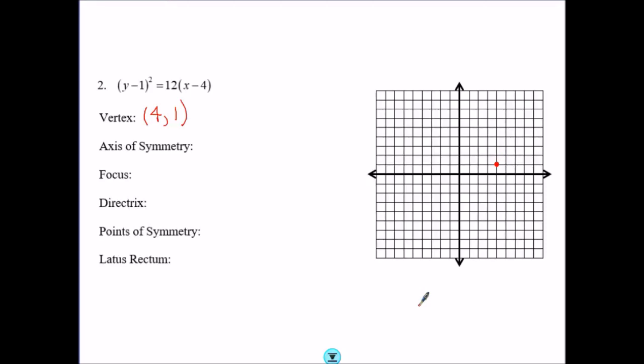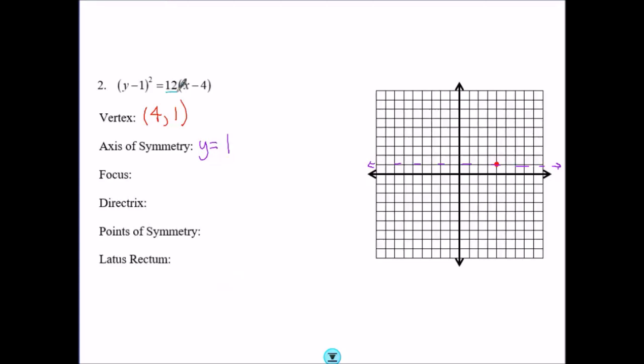This time, since our parabola is horizontal, our axis of symmetry is going to be a horizontal line that goes through the vertex. Horizontal lines are y equals, so our axis of symmetry is y equals 1. Our focus is still p units from the vertex, so we need to see what p is.